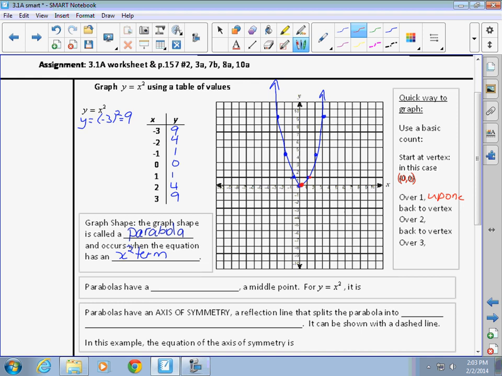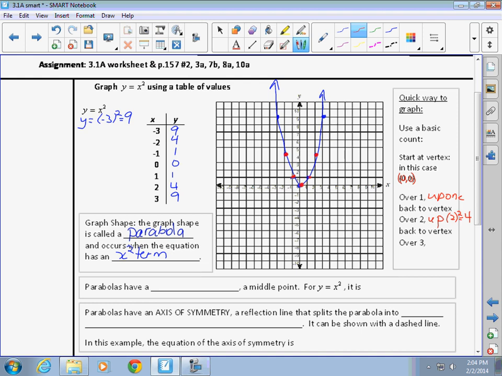I do that both on the left and the right side of it. Then I go back to my vertex, I go over 2, and I go up 2 squared, or 4.